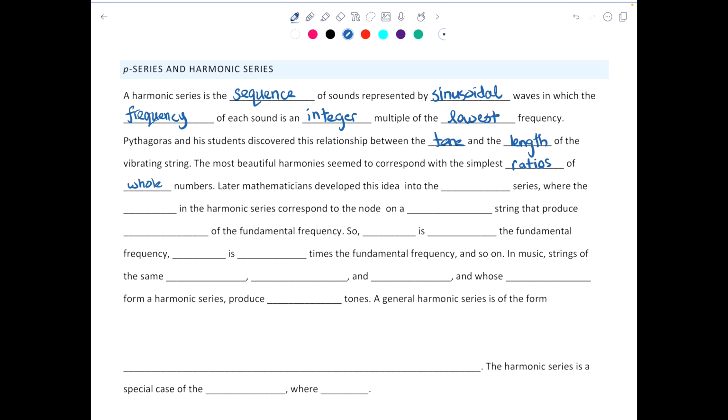Later, mathematicians developed this idea into the harmonic series, where the terms in the harmonic series correspond to the node on a vibrating string.